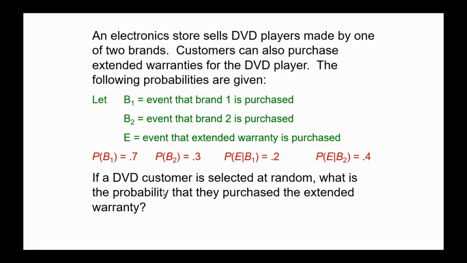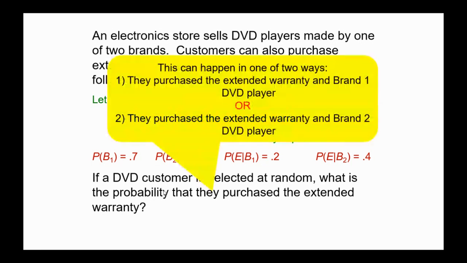If a DVD customer is selected at random, what's the probability they purchase the extended warranty? We're not going to solve this right away. We're going to use it to set up another theory, basically. So we can do this one of 2 ways. We can purchase the extended warranty with brand 1, or we can purchase the extended warranty with brand 2.